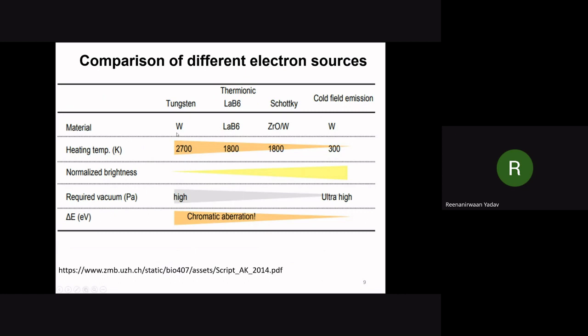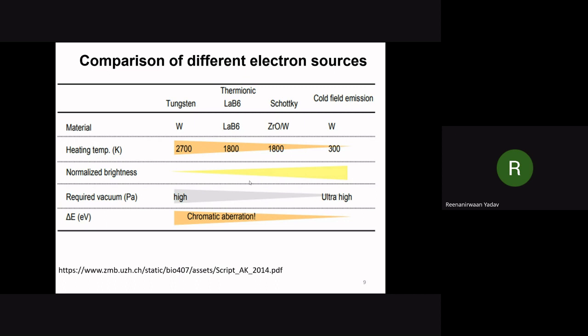Next is the comparative chart of the different sources of electrons, showing their benefits and their pros and cons. In a normal tungsten filament, we have to heat up to 2700 Kelvin. In lanthanum boride, the beam of electrons is produced at around 1800 Kelvin, in Schottky at 1800, and in the cold field emission gun at nearly 300 Kelvin.